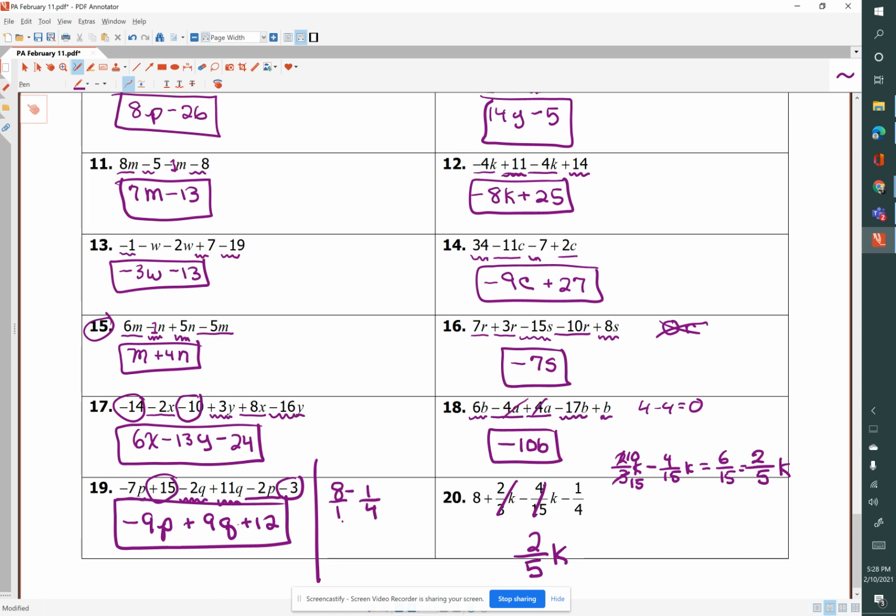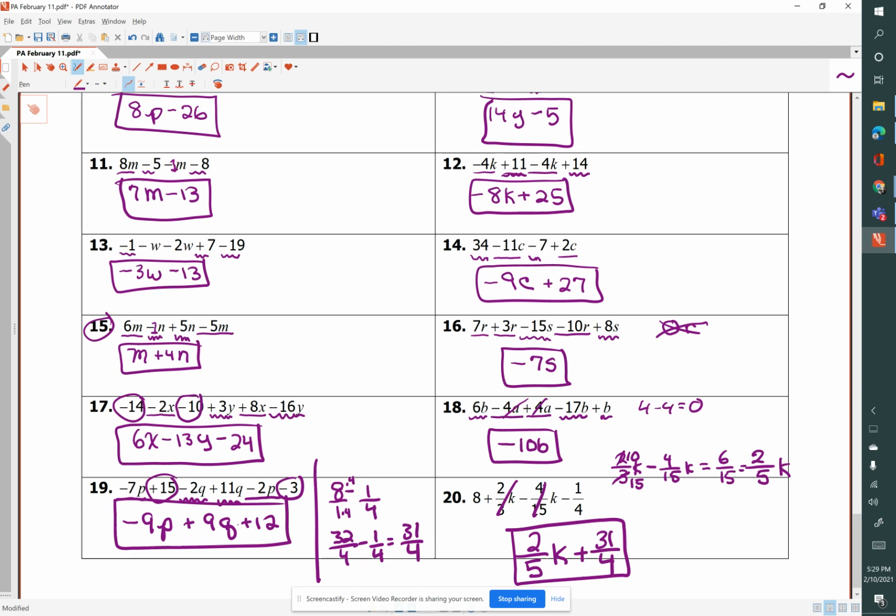So 1 times 4 is 4. 8 times 4 is 32, so it's 32 fourths minus 1/4, which equals 31 fourths. We'll leave it as an improper fraction. So it's 2/5 k plus 31 fourths, because when we subtracted 1/4 from 32 fourths, we have a positive 31 fourths. And that's our final answer, 2/5 k plus 31 fourths.